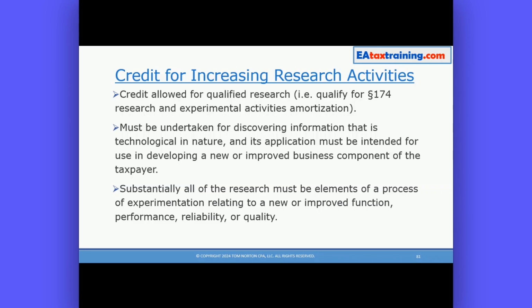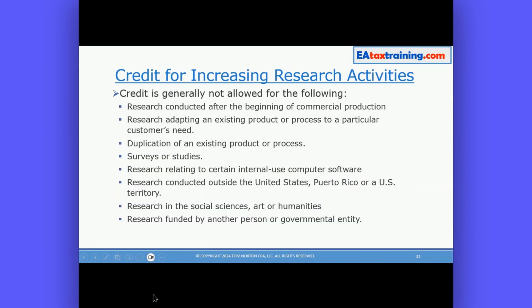Substantially all of the research must be elements of a process of experimentation relating to a new or improved function, performance, reliability, or quality. So there are specific rules about, we're talking about technology here, and these specific applications of that technology in order to qualify for this credit. So you just read the slide over and get this feel for the types of things that are allowed.